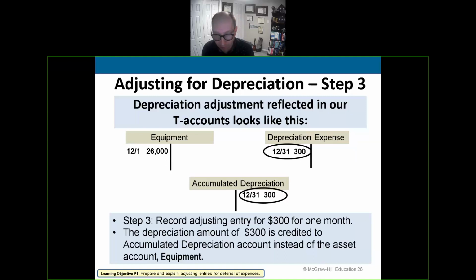It contras the equipment account. So instead of subtracting directly from equipment, we create a negative asset account to contra the equipment. The reason is that, according to the accounting rules, we cannot directly subtract from the equipment account. If we were to do that, it would devalue the equipment, which is much different than depreciating the equipment.